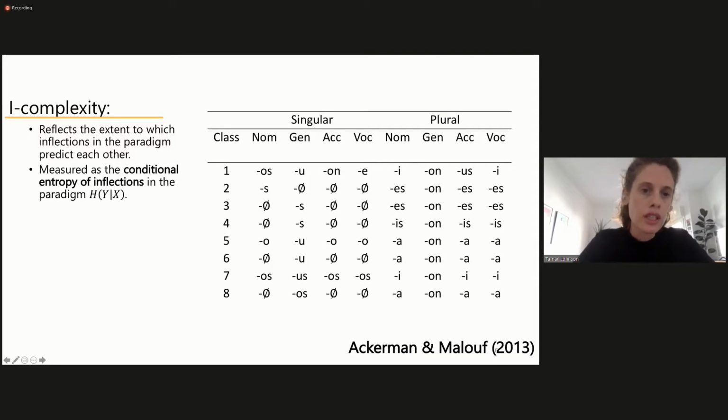But say that we already know the singular nominative, the suffix that the noun takes in singular nominative, and say that it takes OS as a suffix, then it really reduces the uncertainty for which marker or suffix the noun should take in plural nominative. And that's the I-complexity, the predictability between forms in the paradigm. It is measured as the conditional entropy of the inflections in the paradigm.